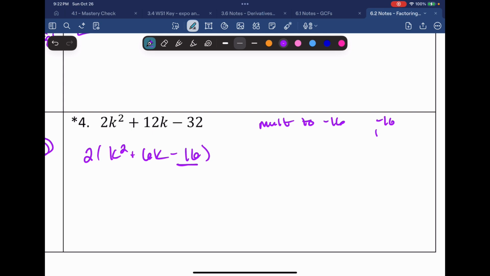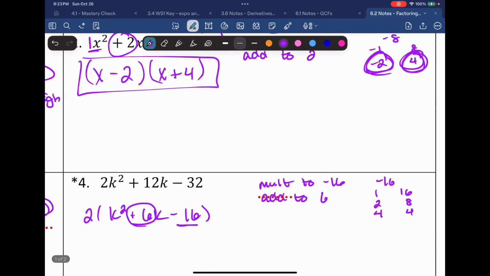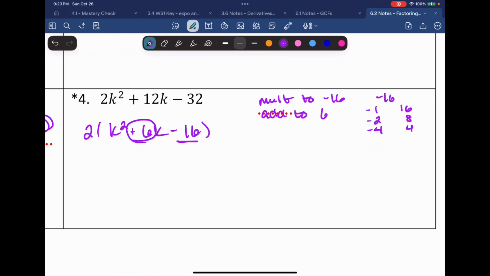So 1, 16, 2 and 8, 4 and 4. But again, issues that it's negative 16. So something has to be negative. So our B, add to 6. Little factor negative. So it's going to be negative 2 and 8.